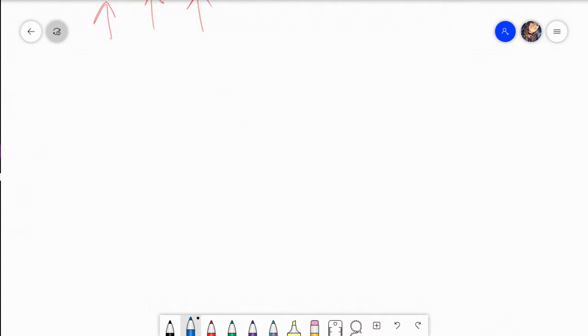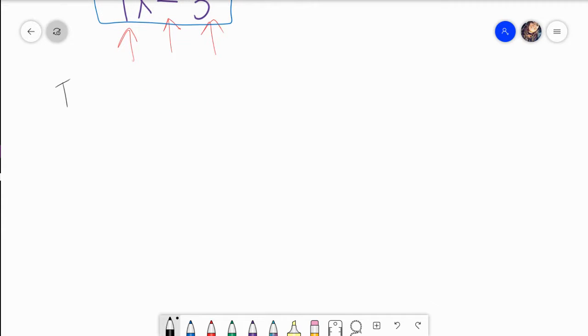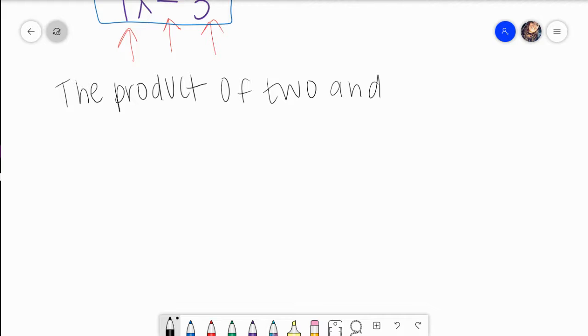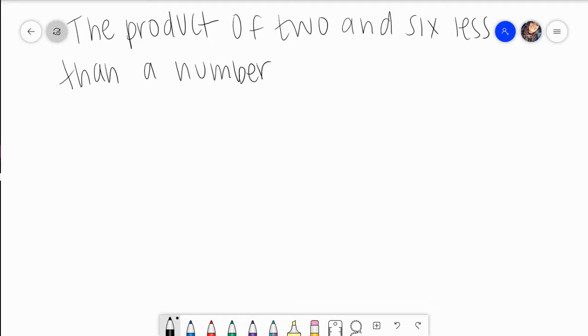Okay, let's do this one right here. This one says the product of 2 and 6 less than a number.